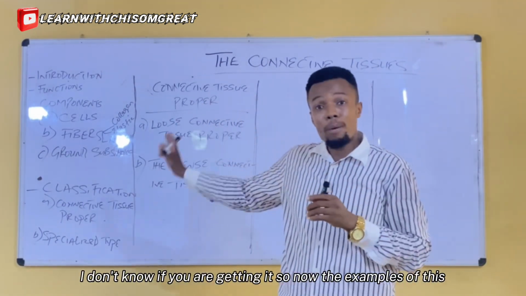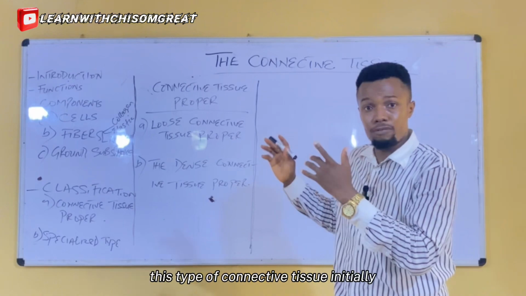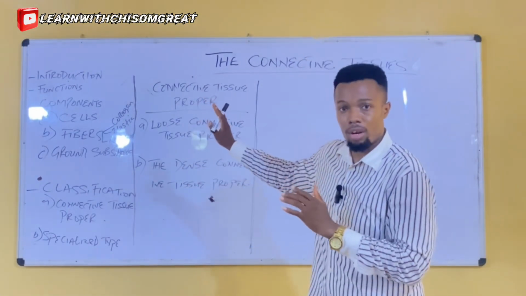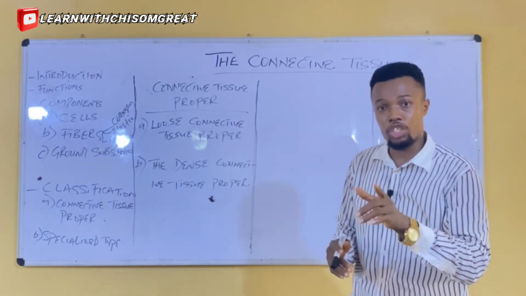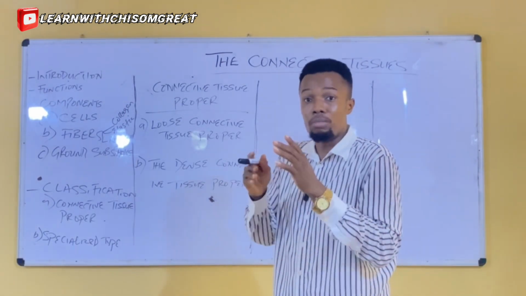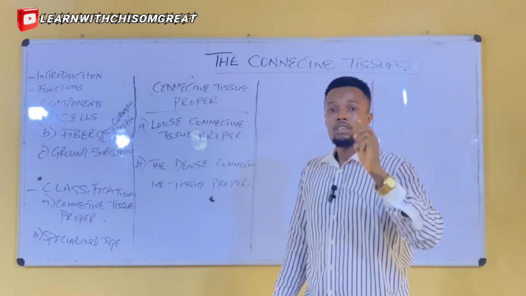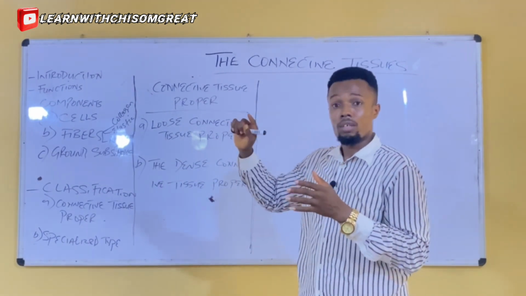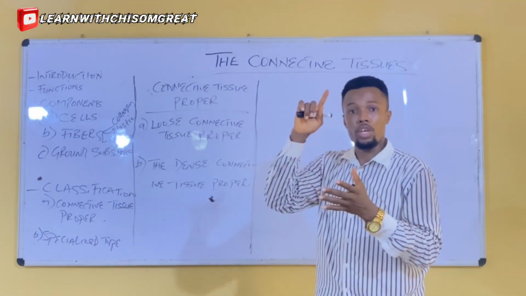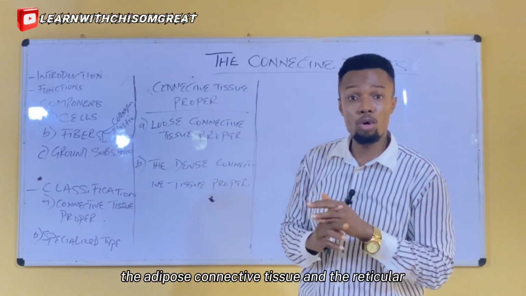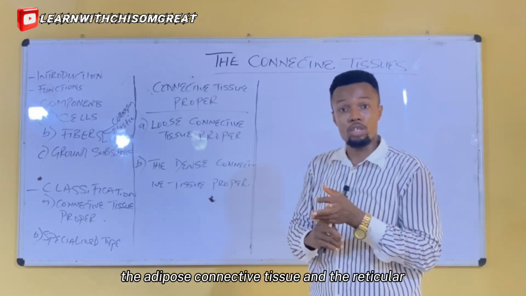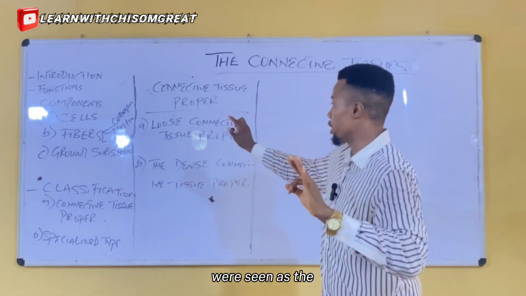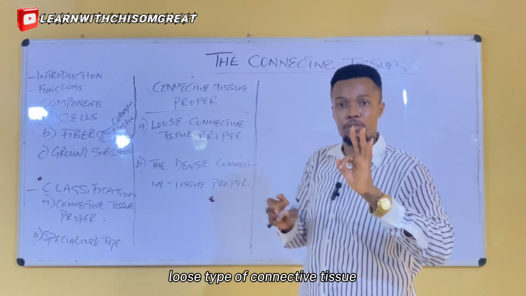So now the examples of this loose type of connective tissue. Initially they were three, but recent research has made it only one. Initially, the areolar connective tissue, the adipose connective tissue, and the reticular connective tissue were seen as the loose type of connective tissue.